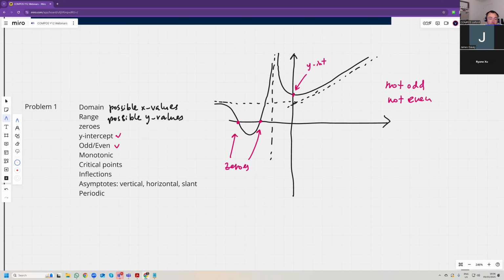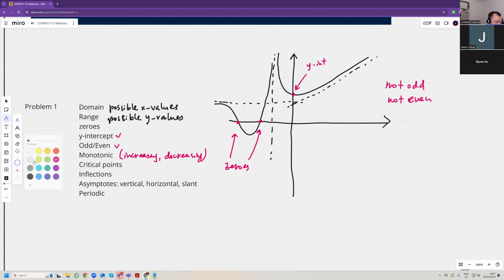Monotonic, well, they have monotonic intervals, certainly, but we wouldn't call this function monotonic. It's monotonic between certain points, effectively. Monotonic means always goes up or always goes down. So that is increasing, or decreasing.